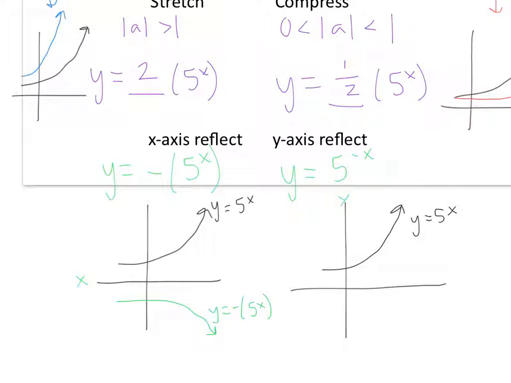Similarly with a y-axis reflection, I reflect over the y-axis. Same shape, nothing changes, I just reflect that over the y-axis. So what that will look like will be this. As you can tell, same shape, just reflected over a certain axis.